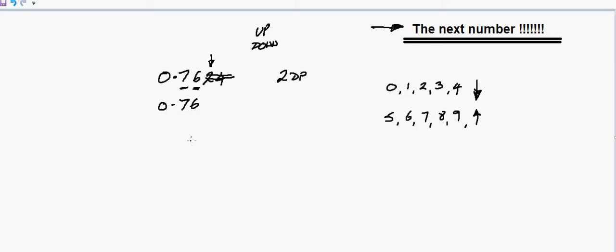Just to give you an example, if we've got 0.1362 and they say to 2 decimal places, well, they're my 2 decimal places after the decimal point. The next number is a 6, so I round up. So the 3 becomes a 4, so we get 0.14.